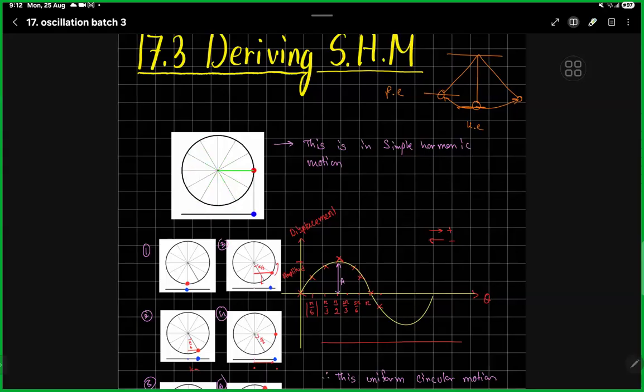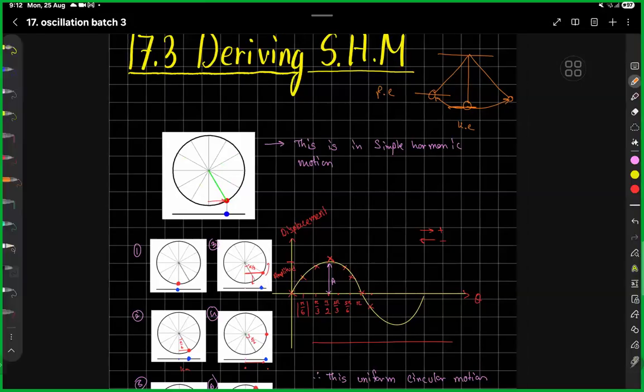I also mentioned that on the extreme left and extreme right ends of a typical pendulum, notice it momentarily stops. If you look at your pendulum, it goes to the extreme left, pauses, drops down. It goes to the extreme right, pauses, drops down. We see that, right? And why does that happen?